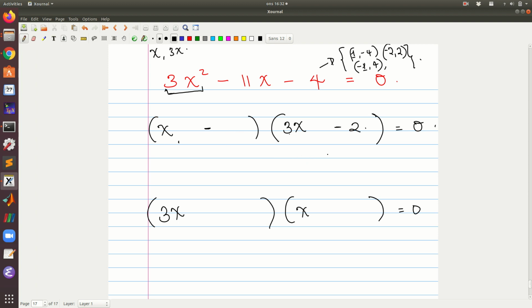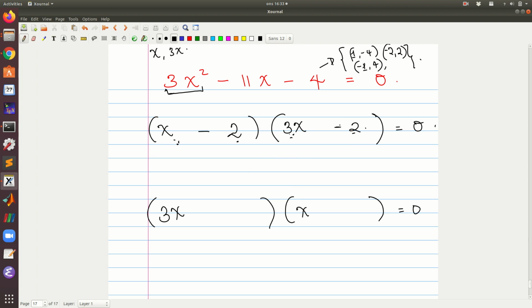Oh, did I say minus minus? No, one is minus, the other is plus. So let's try this. Sorry about that. So when we get this term and that term, we have 6x, and then this term and that term minus 2x. Either way, it still does not give us the desired middle term.